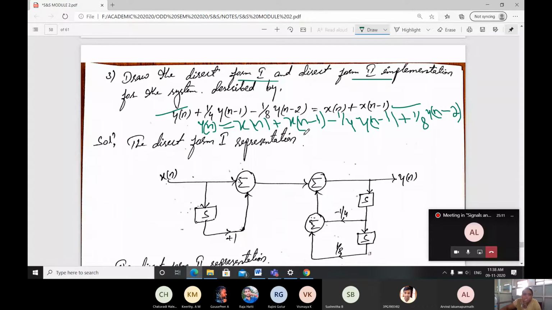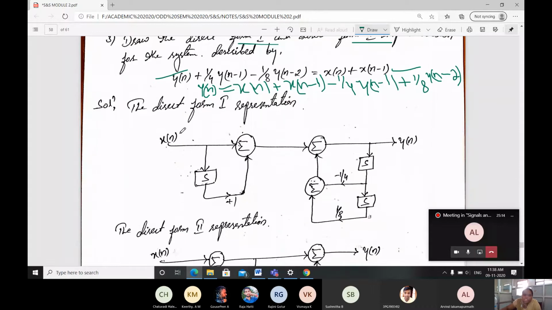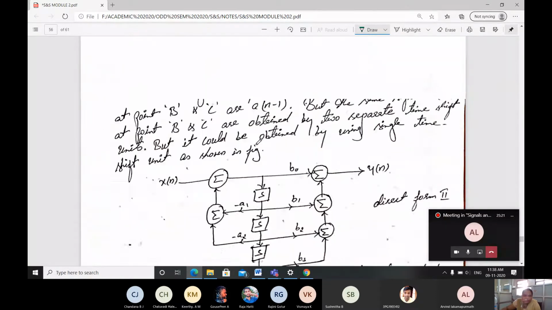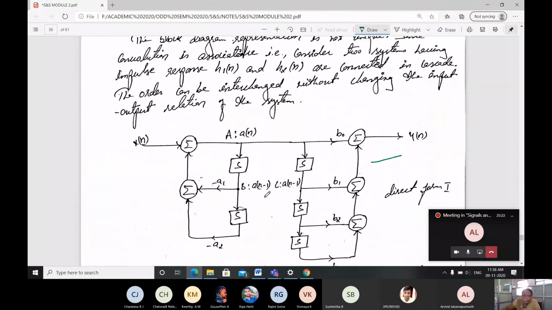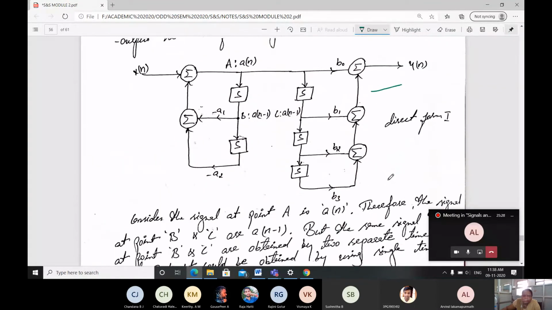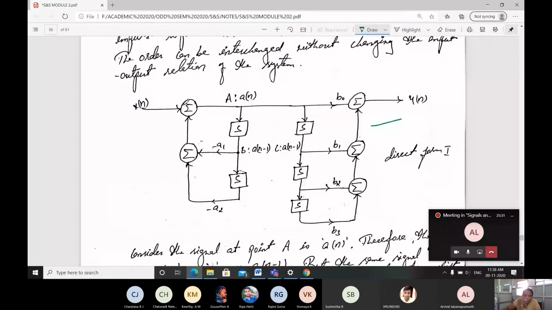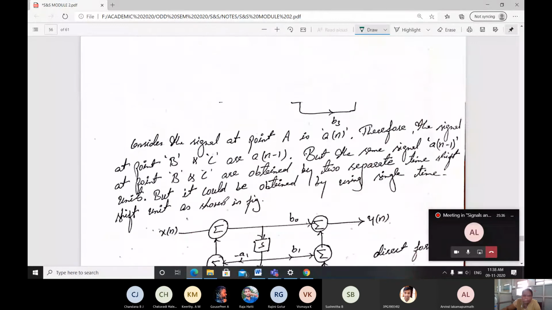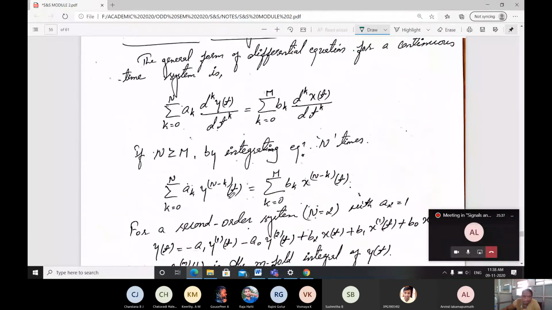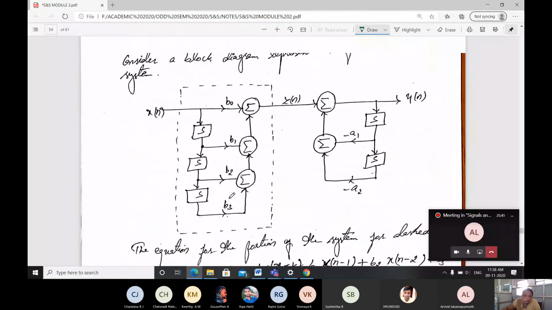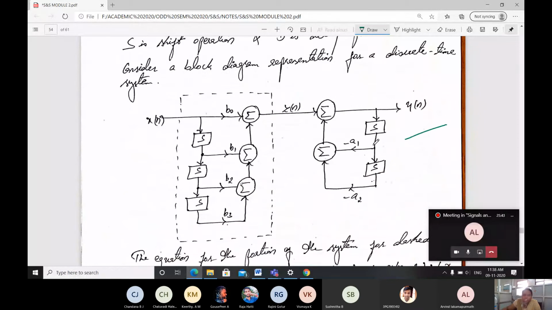After this, x of n is our input. Here, what is our b naught? In the standard form, b naught, b1, b2.